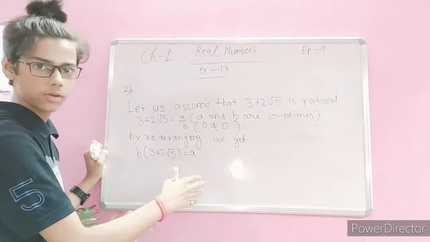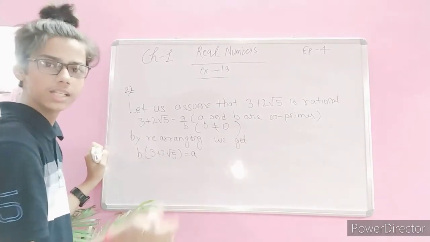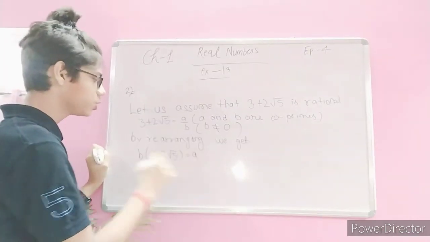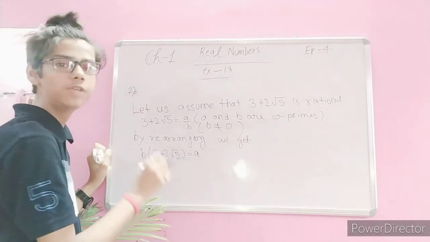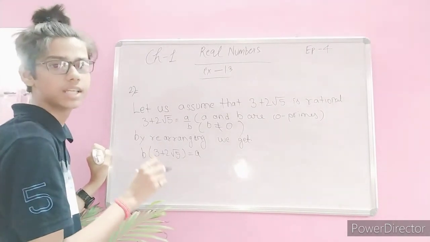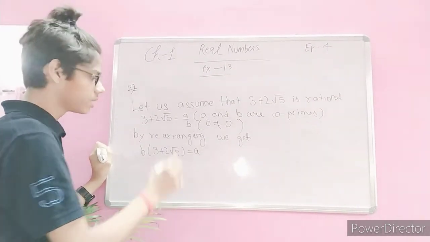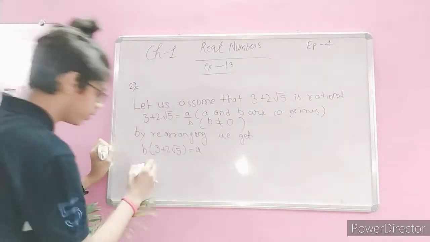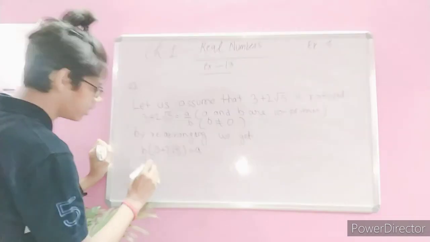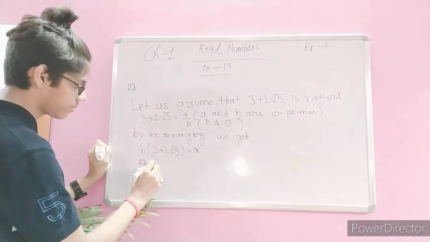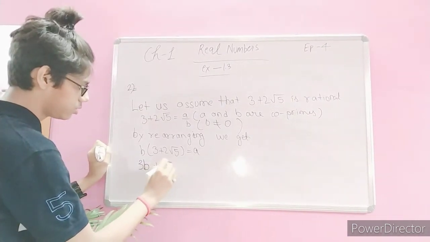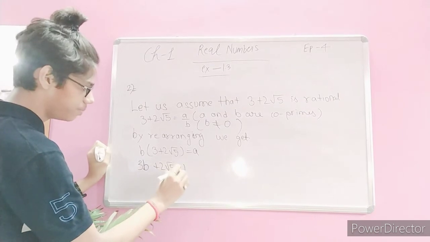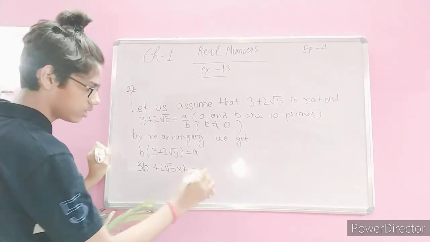Till here we are following the same method, but here is the difference. We are not going to square the sides, because if we square it will be very lengthy and takes much time. So we will solve this without squaring the sides. So we will write 3b plus 2 root 5 into b is equal to a.